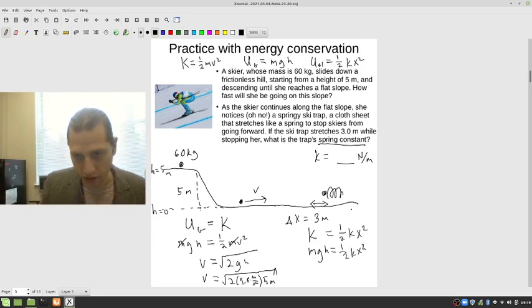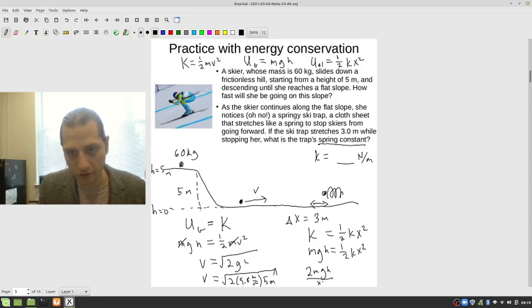Okay, so looking at this problem here, I can go ahead and easily solve this. 2mgh, multiplying both sides by 2, divided by x squared equals k.